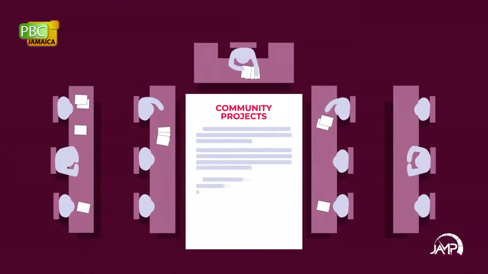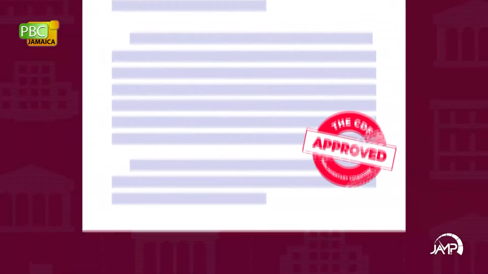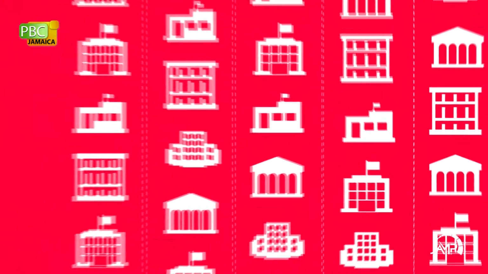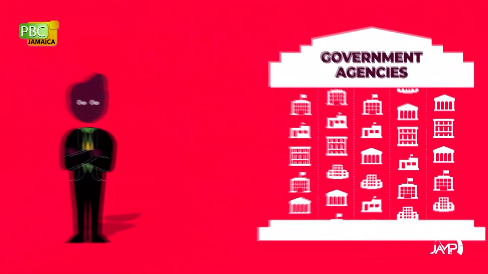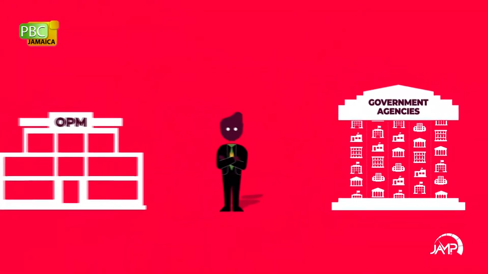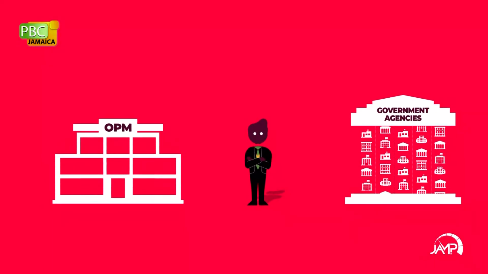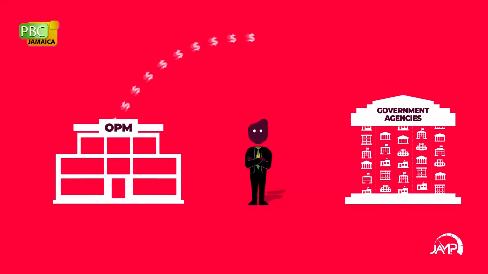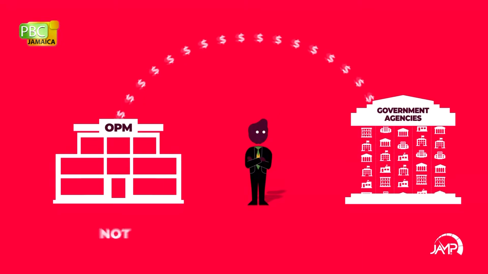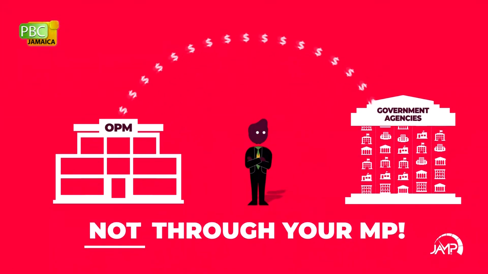Projects developed without community consultation are not to be approved by the bipartisan CDF Parliamentary Committee. There are 26 government agencies that implement projects, usually for a small fee. Funds are provided directly from the Office of the Prime Minister to the implementing agency, not through the Member of Parliament.